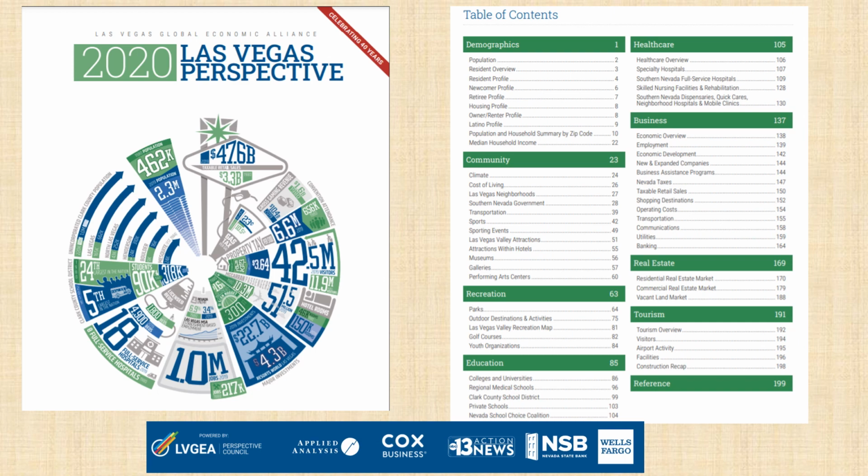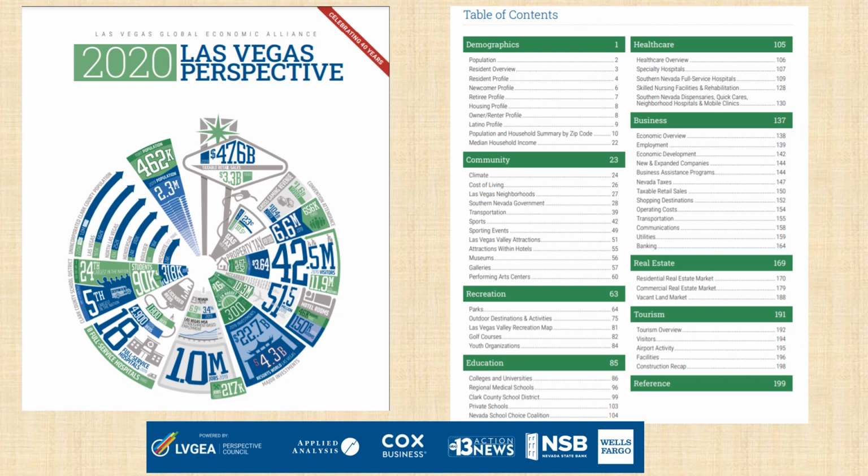It is mostly conducted by the people at Applied Analysis, Jeremy Aguerno and his operation. Cox Communications is a sponsor. Channel 13 News is a sponsor. The Nevada State Bank is a sponsor, along with Wells Fargo. The University of Nevada, Las Vegas College of Business used to be a sponsor, but is no longer a sponsor.